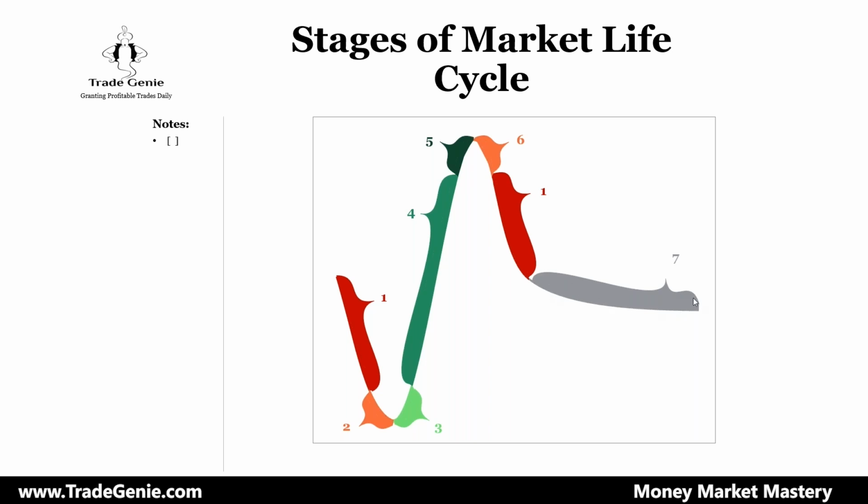They turn into a stage 7, which is a real waster of money, a lost opportunity. A lot of the time stocks do 7. After 1, they don't do 2 and 3. But right now I'm assuming that Apple is doing 2 and 3, and it could be another 4.